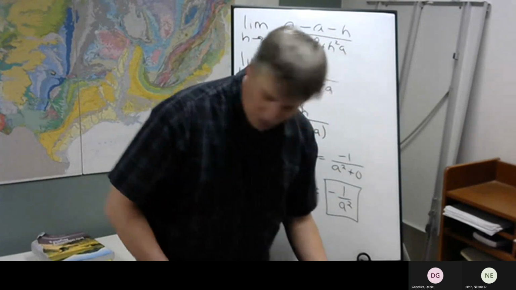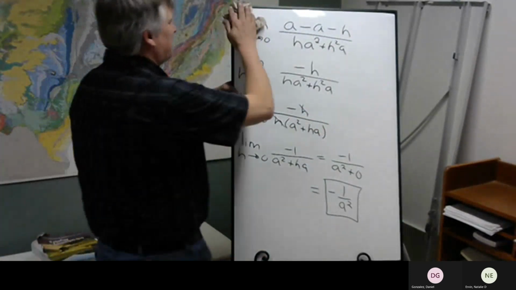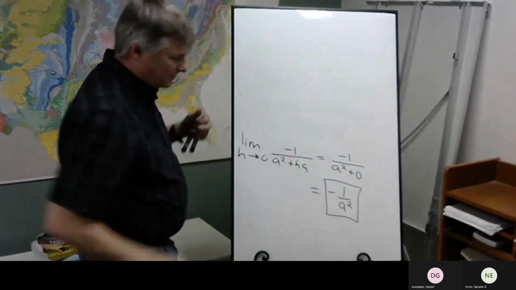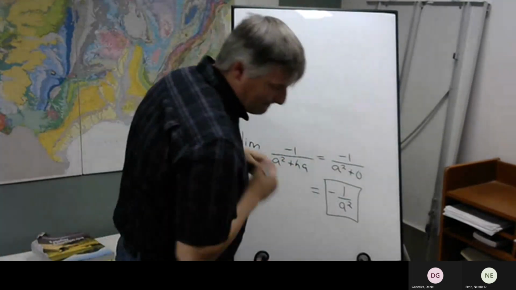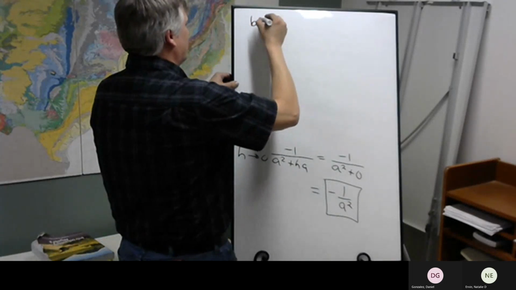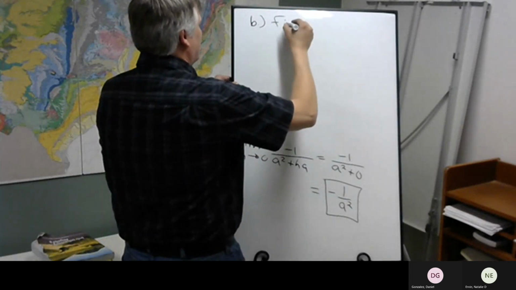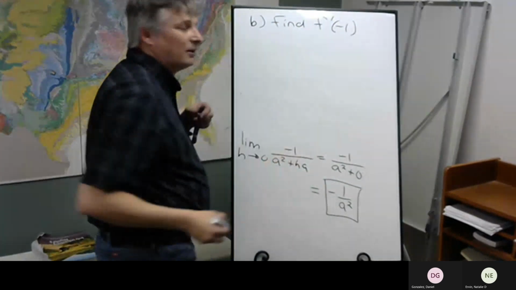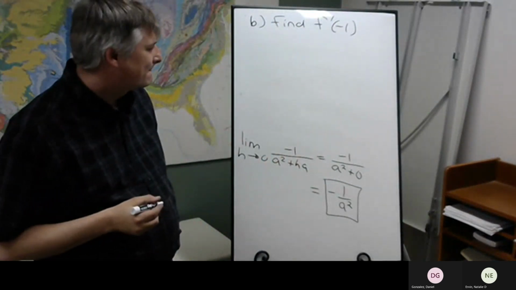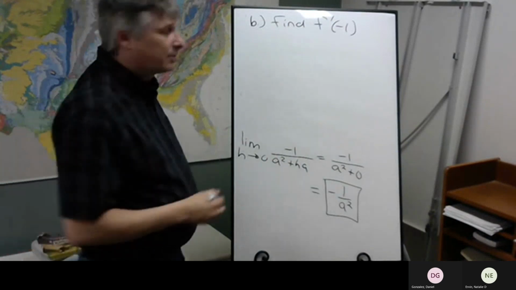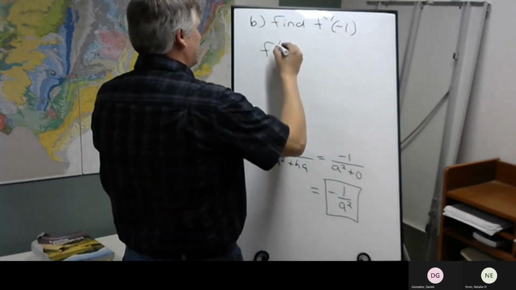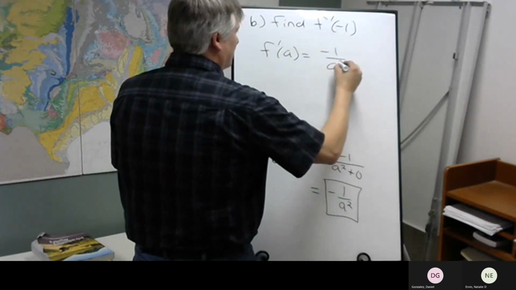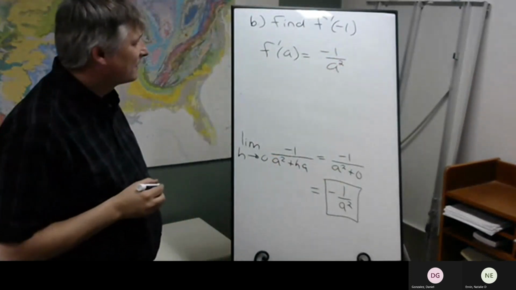So let me do one more example. Well, let me ask this question. We'll do a part B. Let's say we want to find f prime of negative 1. Well, we already know what f prime of a is. So negative 1 over a squared.